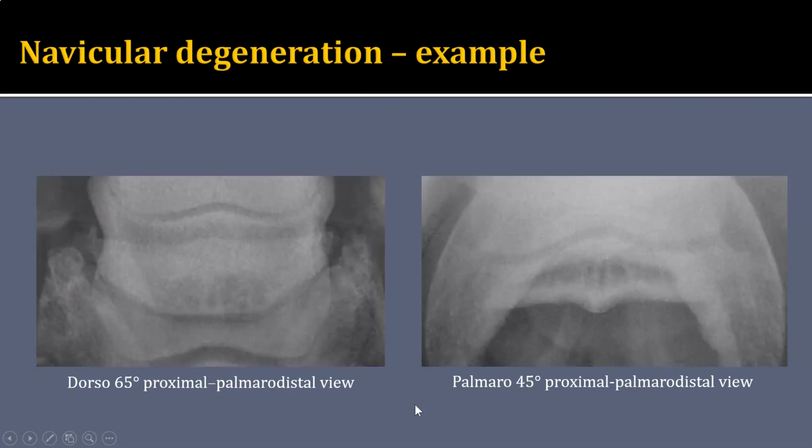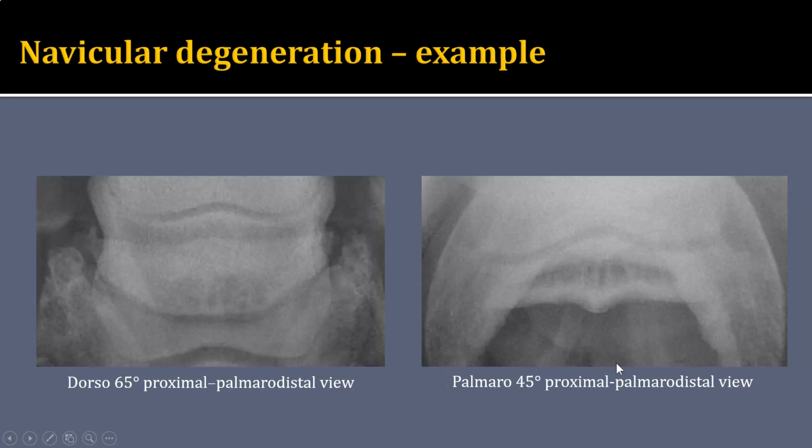Here's an example of a patient that has a little bit more severe navicular degeneration on radiographs. Again, this patient has some enthesopathy or proliferation along the proximal margin, has very abnormally shaped and probably increased numbers of synovial invaginations. There's maybe a little bit of irregularity even to the distal border here.